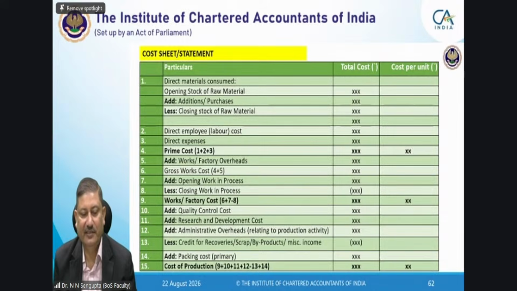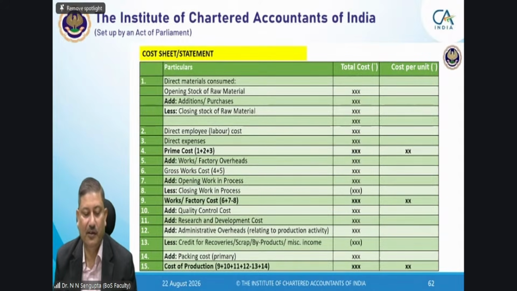So again, you can see direct material consumption, opening plus purchase minus closing, then direct employee, direct expenses, that is prime cost. Work overhead we have added, so we get gross work cost. Add opening WIP, deduct closing WIP, then you get factory cost.